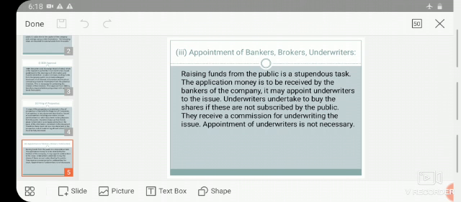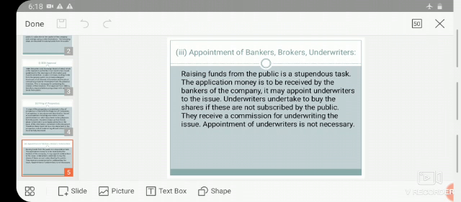On the other hand, underwriters. When the company is not able to sell the shares to the public, at that point of time these underwriters promise the company to buy the shares. If the company is not reasonably assured of a good public response to the issue, it may appoint underwriters.